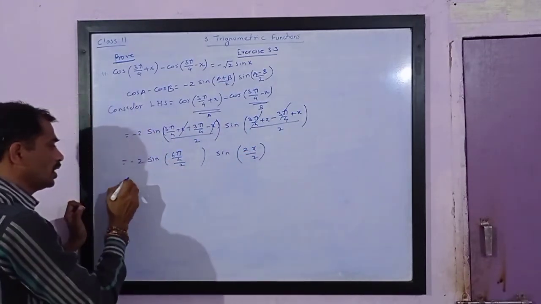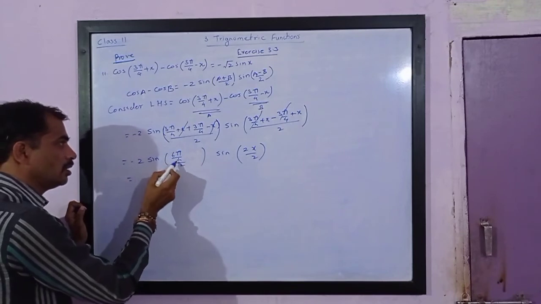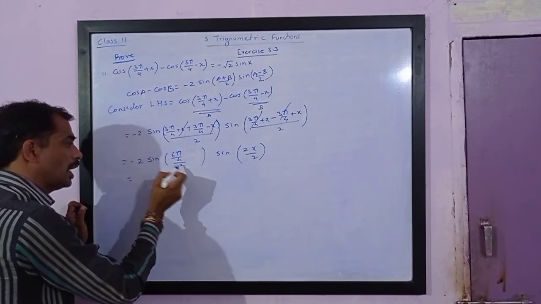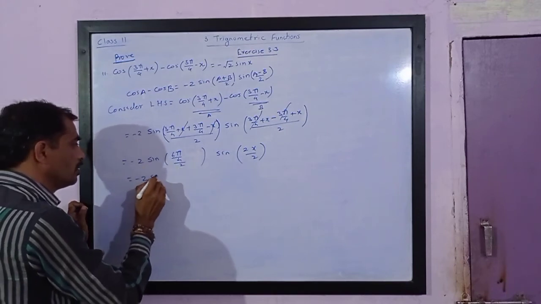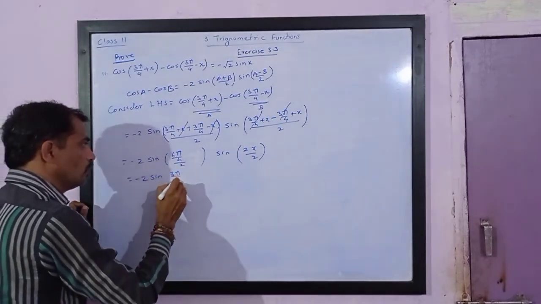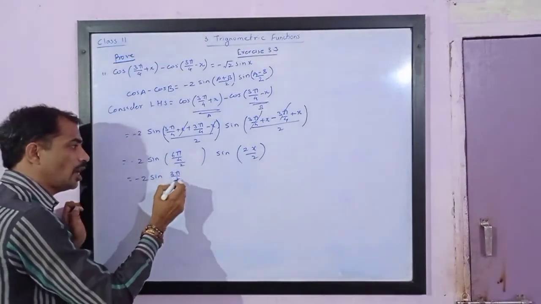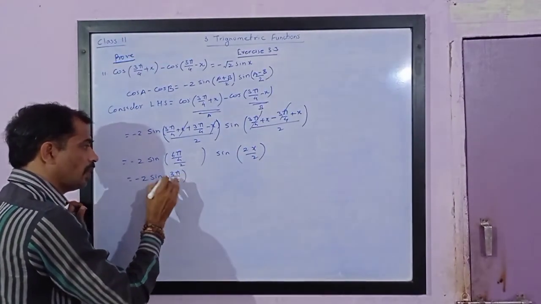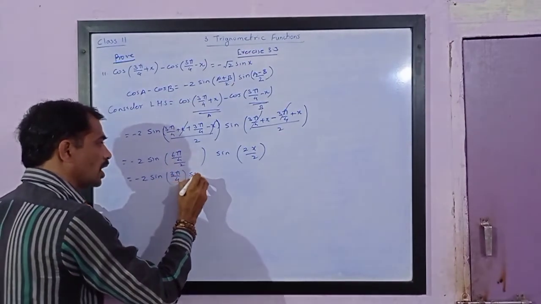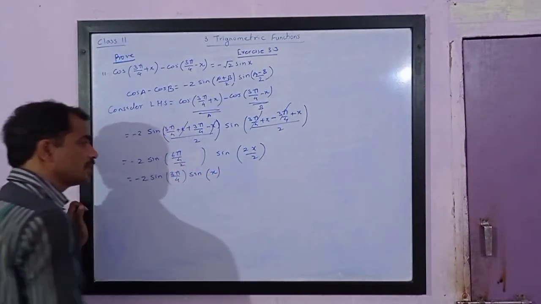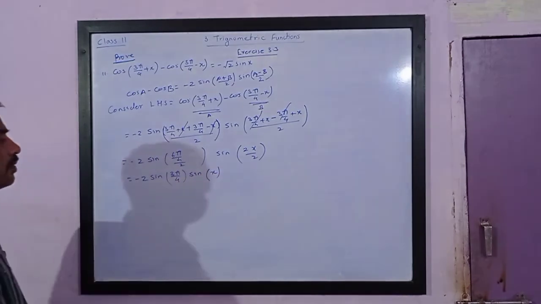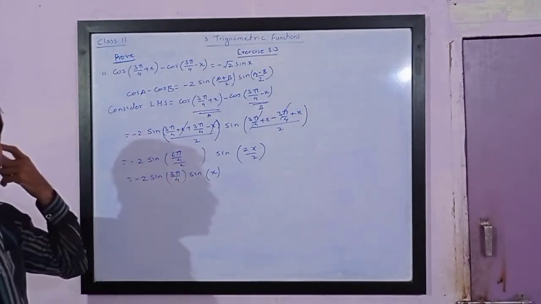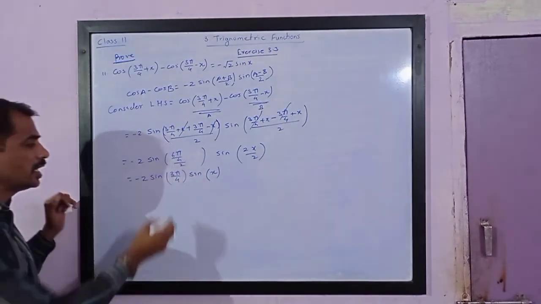So if you solve this further, you will get 3 pi upon 2. I have reduced 6 and 4 by 2. Multiplying with the denominator, this will become 3 pi upon 4 into sine of x, and the 2 cancels. Now see, this is 3 pi upon 4. We don't have the identity for this, so we need to arrange this in terms of the denominator.